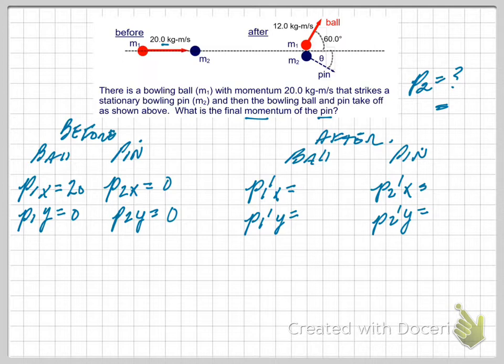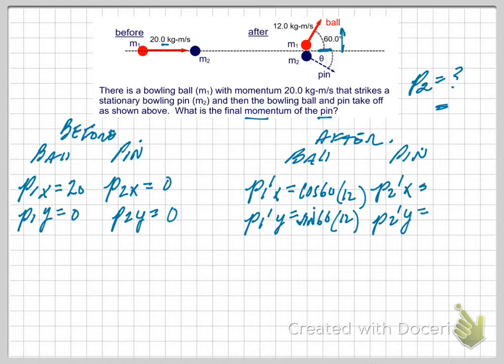After the collision, the ball moved at 12 kilogram meters per second at a 60-degree angle. So in its x direction, that's the cosine, so we could say cosine of 60 times 12 is the x direction, and for the y direction, it would be sine 60 times 12.